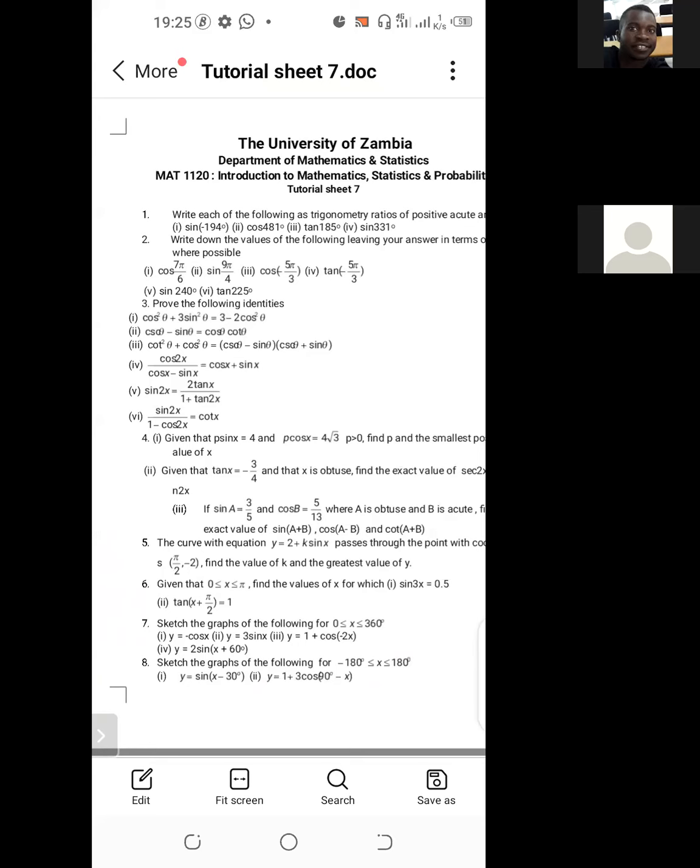So we have this cos squared theta here. So cos squared theta plus 3 sine squared theta.